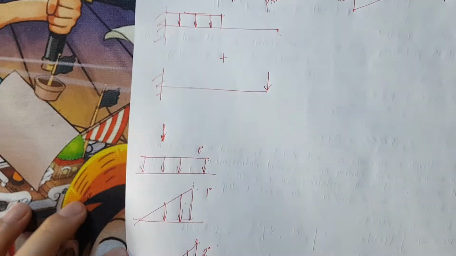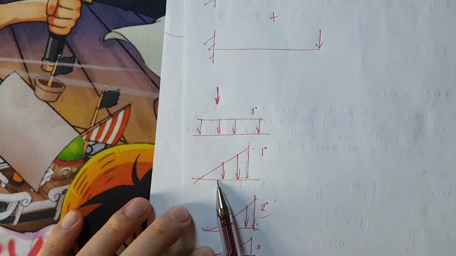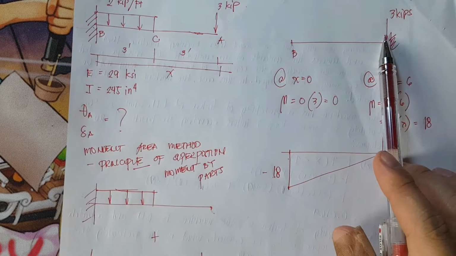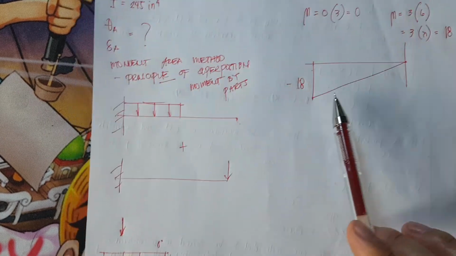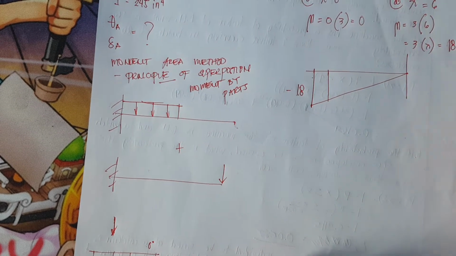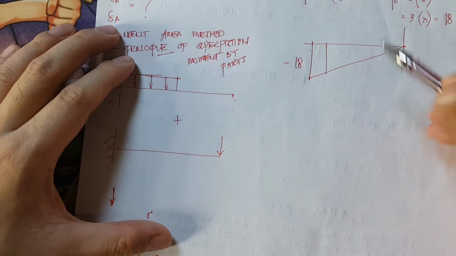Okay? So, since dito ang load natin is point load, sa ating moment diagram, it would be a triangular load. Okay? Since this is downwards, so negative ang ating shear moment diagram. Next would be our uniformly distributed load.